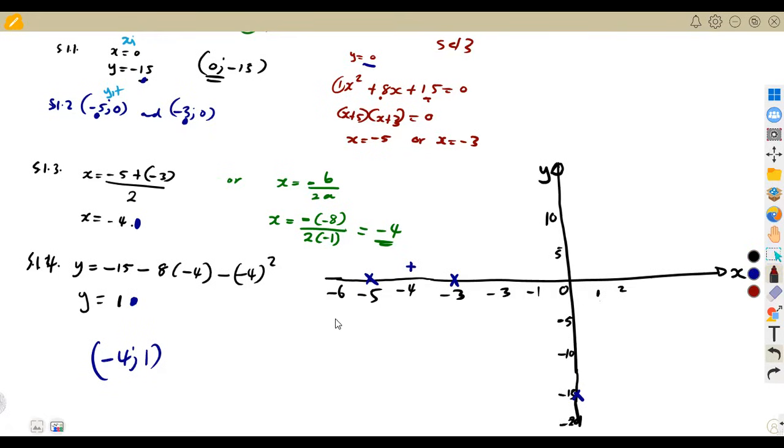So what you need to do is simply join with a smooth curve. This is supposed to give you a smooth curve when joined properly from one point to another. But in this case, guys, I'm not using the graph paper here, so I'm not going to have the smooth curve, but you're supposed to have something like this, being a curve.